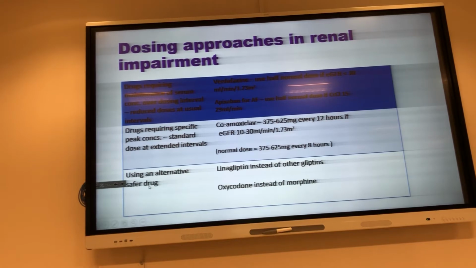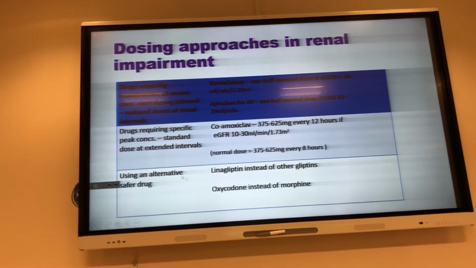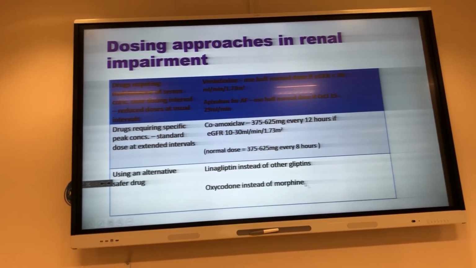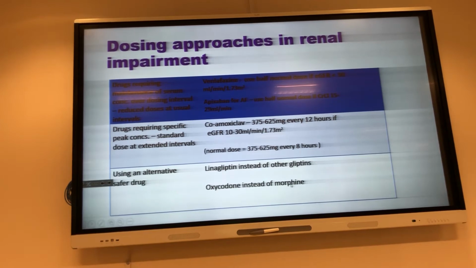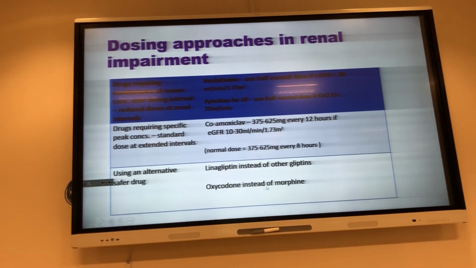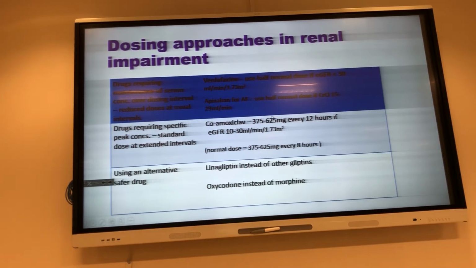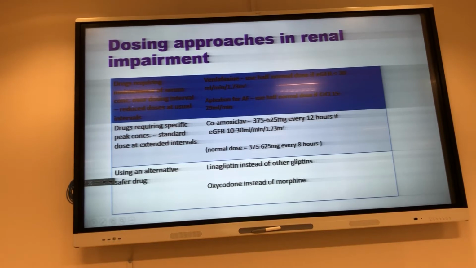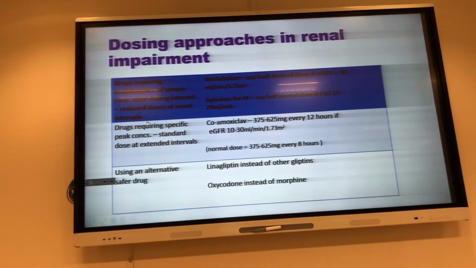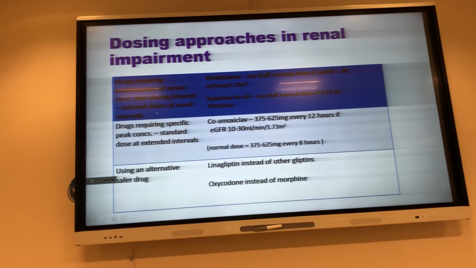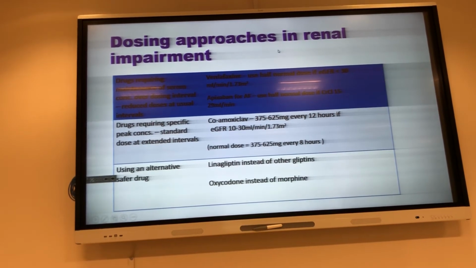If we know there's a drug that works better for these patients, it's better to give it. Especially with morphine, because it's a nephrotoxic drug, we tend not to give it, so we try to give oxycodone. You don't have to know about venlafaxine and apixaban. These are just examples, but what you need to know are these 3 different approaches that we use to adjust the regimen in renal patients.